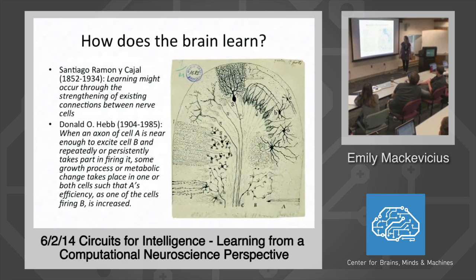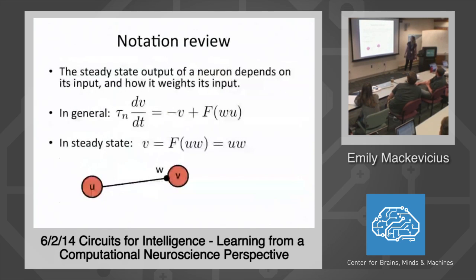So this is one mechanism that we think of as brain learning. Before I get into some of the math behind how this might happen, I want to review some notation. If you talk about neurons, in this case I'm just talking about a rate model of neurons. So neurons have a firing rate, and the firing rate V of the output neuron depends on some weighted function of its input.